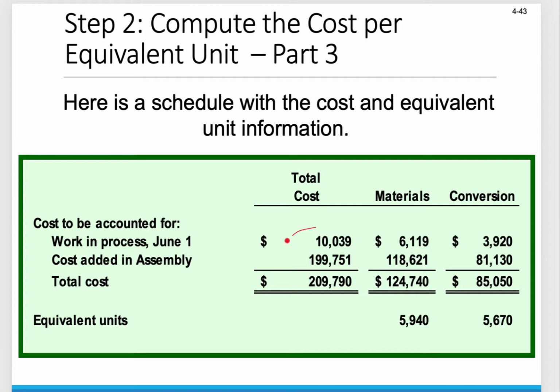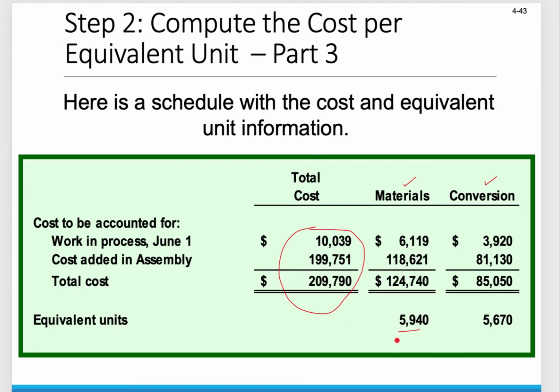So we have our total costs, okay? But remember, with respect to material and with respect to conversion costs, we have different equivalent units, okay? So we can't just use this number and divide by the units we have in material and the units that we have for conversion, right? Can't do that. Why? Because we added different amounts of costs, okay?